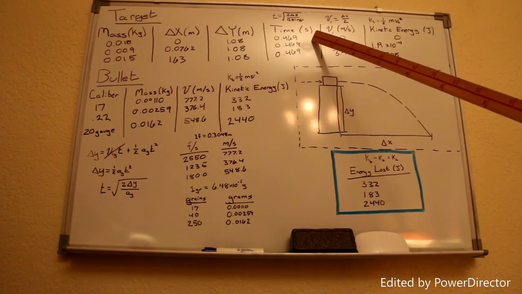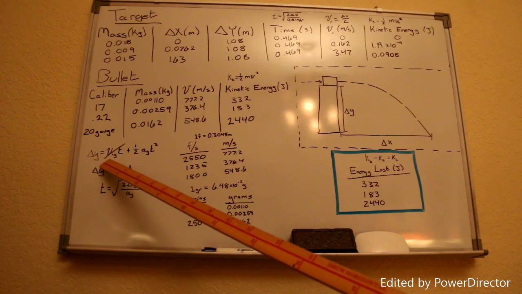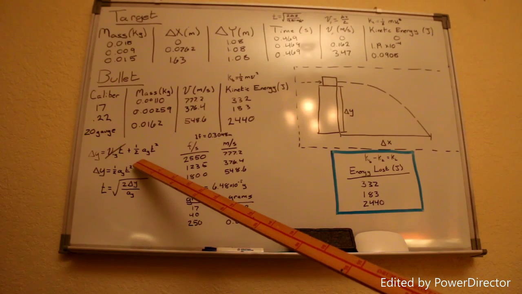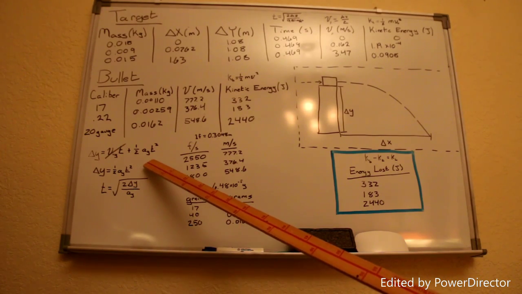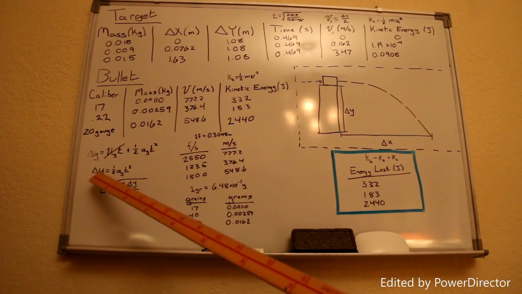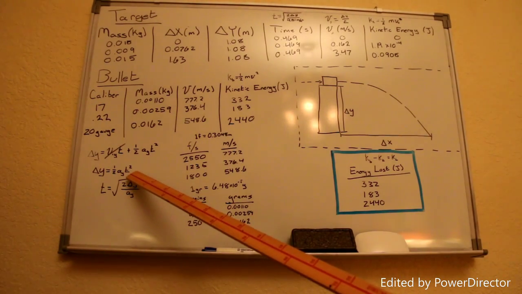Our time value we found by using the equation delta Y equals velocity in the Y direction times t plus 1/2 acceleration in the Y direction times t squared. Our velocity in the Y direction was 0 as the targets were sitting still, giving us delta Y equals 1/2 acceleration in the Y direction times t squared.